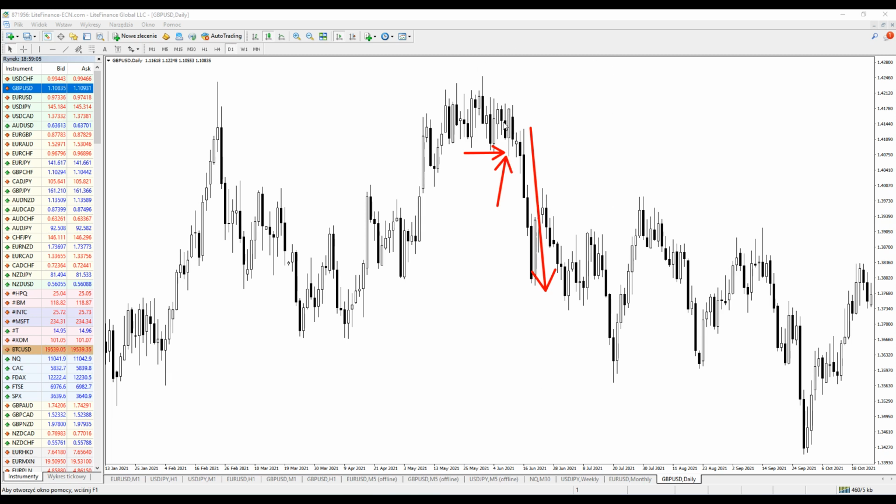If I would see this type of candle, if that's the demand line, and if I would see this type of candle like this at the demand line, that would be my signal that I'm looking to buy.